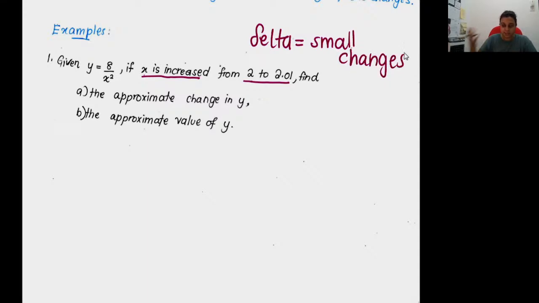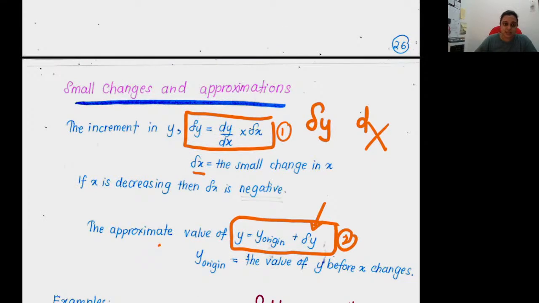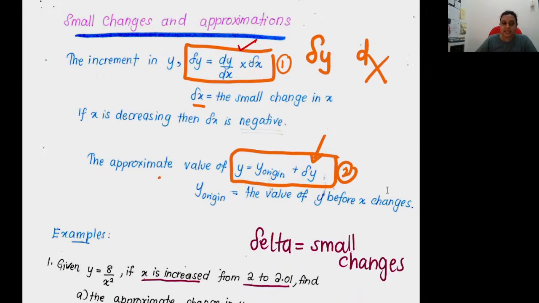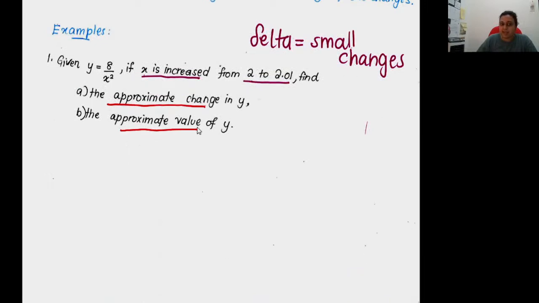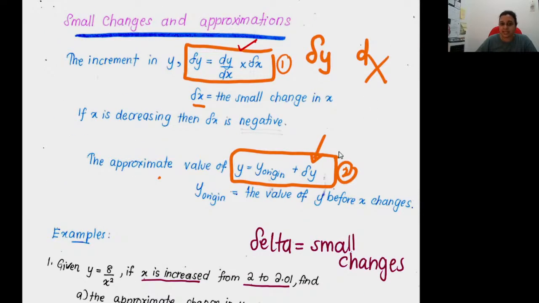From here, find the approximate change in y. The first one, approximate change, means we are finding delta y. Then the second one, find the approximate value, we are using the second formula.